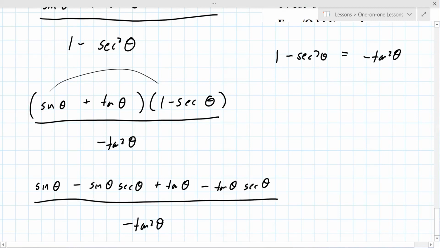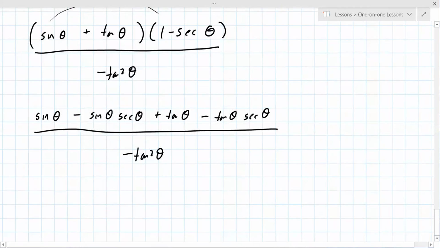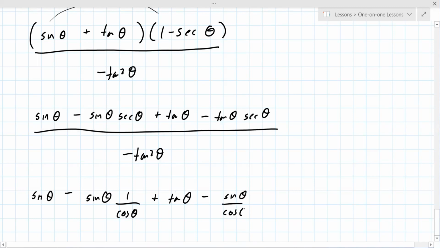We'll get to that. Now you can write everything in terms of sine and cosine. So sine theta minus sine theta, what is secant? It is 1 over cosine theta, plus, I'm going to actually leave tangent theta alone. And then this tangent theta is sine theta over cosine theta times 1 over cosine theta.